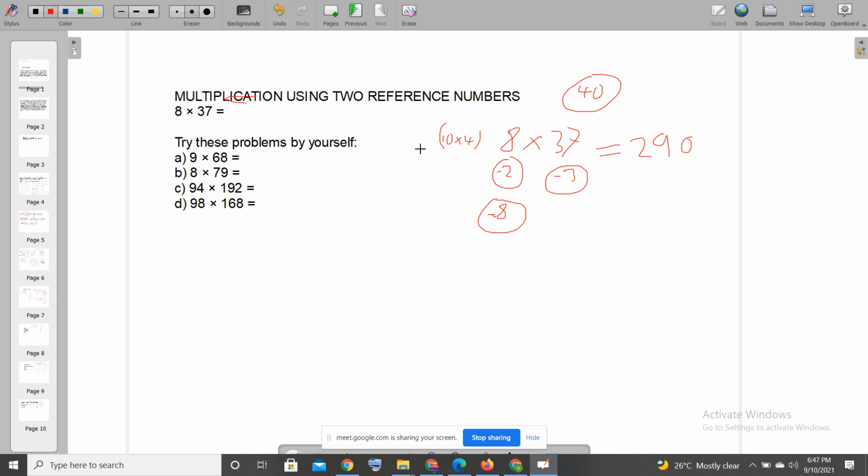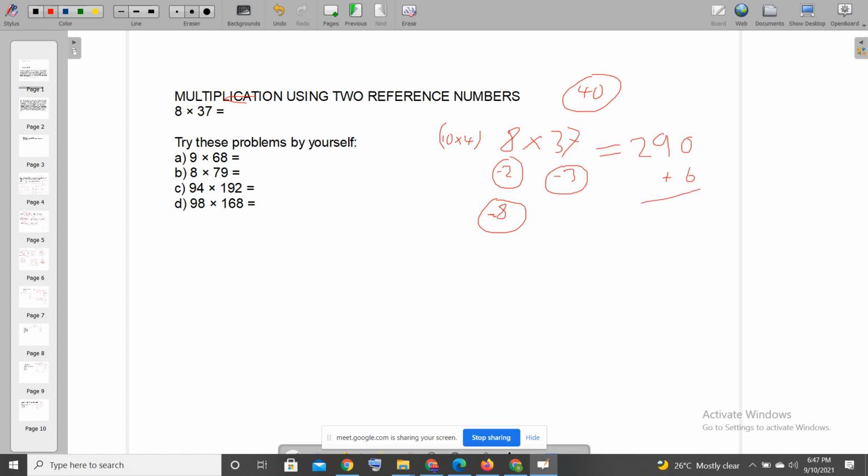The next thing is you multiply the 2 down there, which you already know. So minus 2 times minus 3 will give us, who can give me the answer? Positive 6. So plus 6.